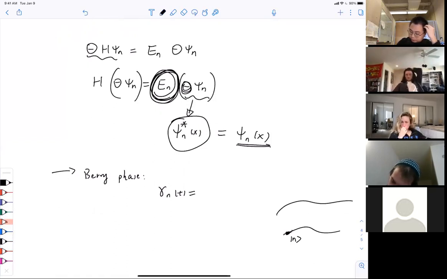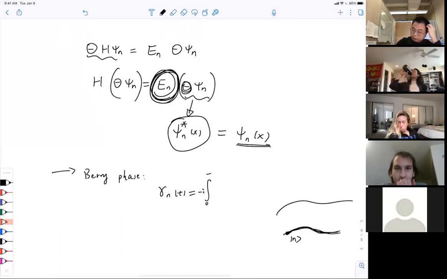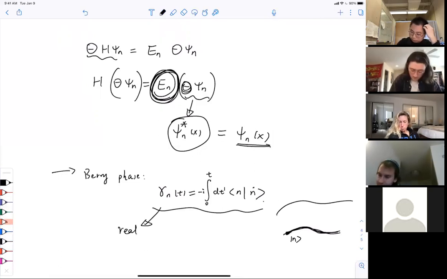Then the system will follow along this line, and will accumulate a so-called Berry phase, which is given by minus i integral from 0 to t of E(t') dt'. This is always a real number. You can prove it very easily. I think you should already have mentioned this in class.